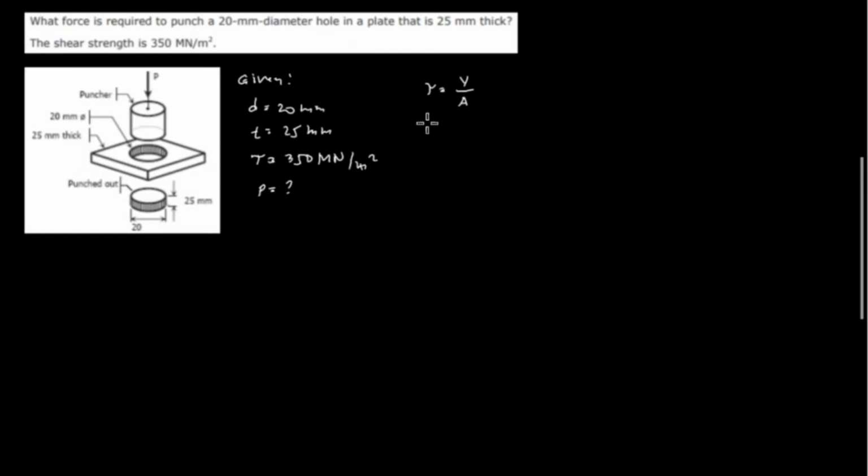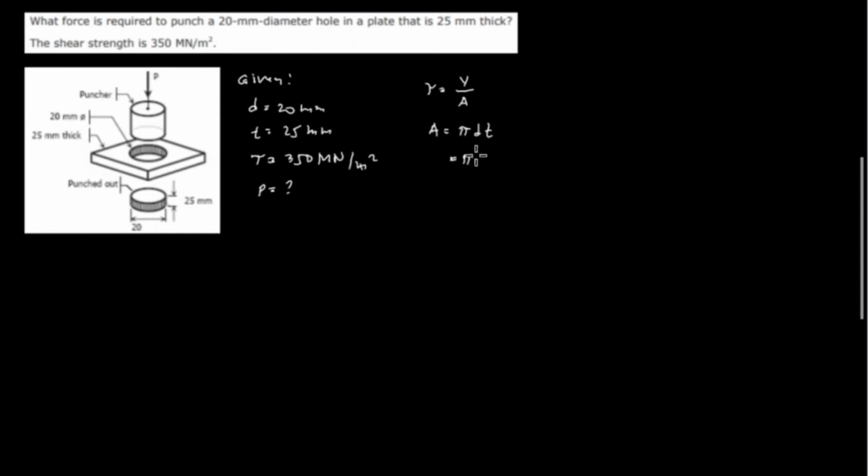And what is A, or the area? The area is the punching out area, which is the circumference of the circle multiplied by the thickness of the plate, or pi d times t.